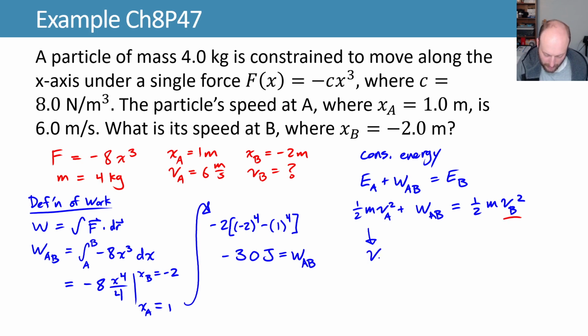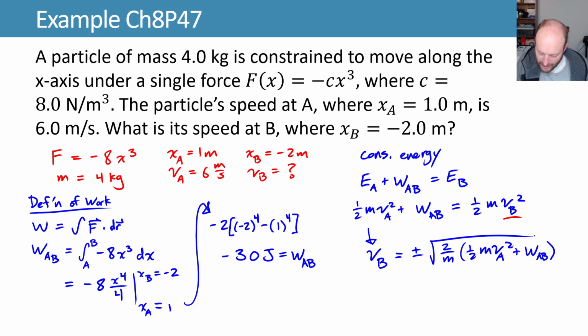So we get VB is equal to plus or minus the square root of 2 over m times 1/2 mVA squared plus the work to go from A to B, which is that -30 we just found. Plug all that in and you get a final velocity of plus or minus 4.58 meters per second.